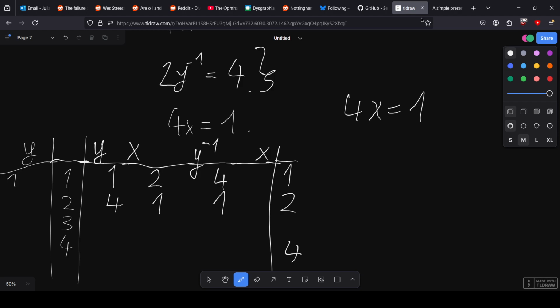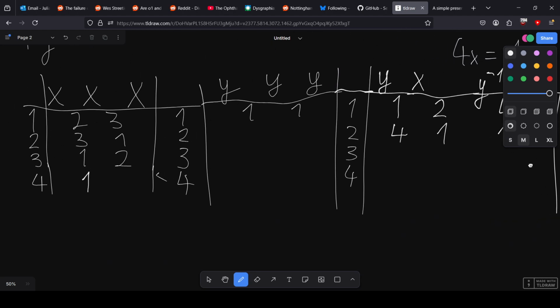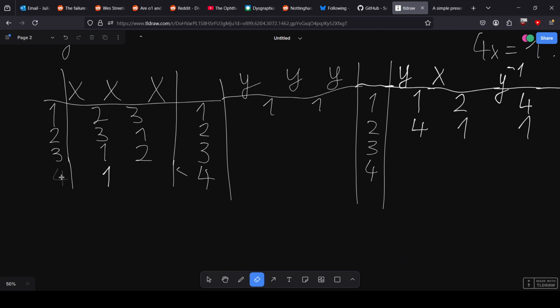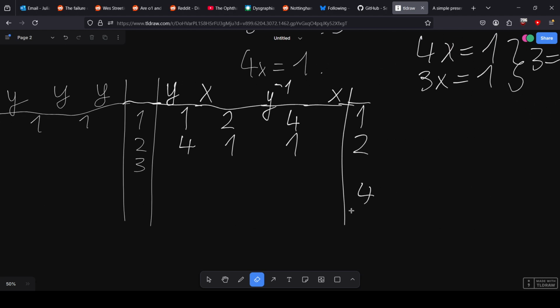But also, we have that 3x is equal to 1. So 3 equals 4. And we can proceed to erase a little bit from here. We don't need the entire 4 row. And everywhere that we mentioned 4, we can write down 3.